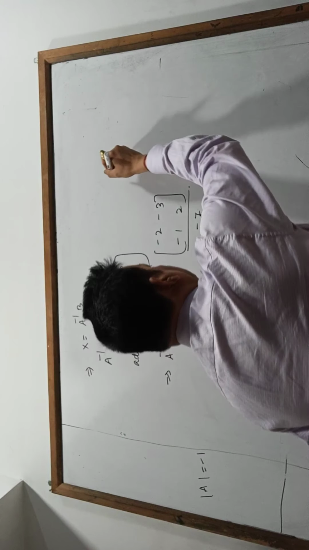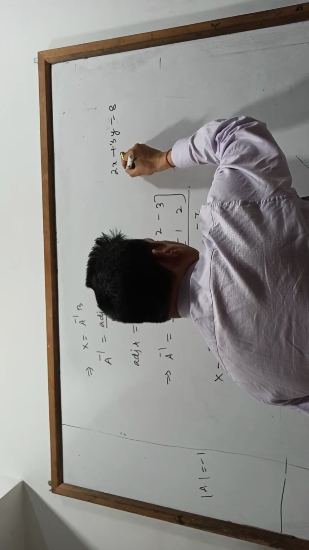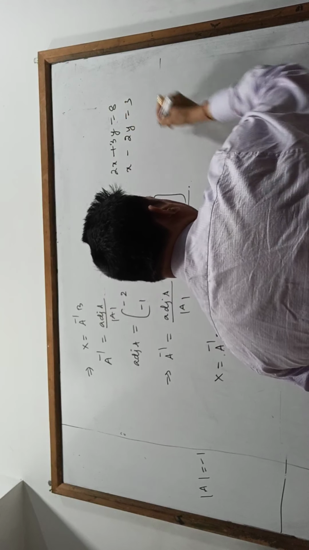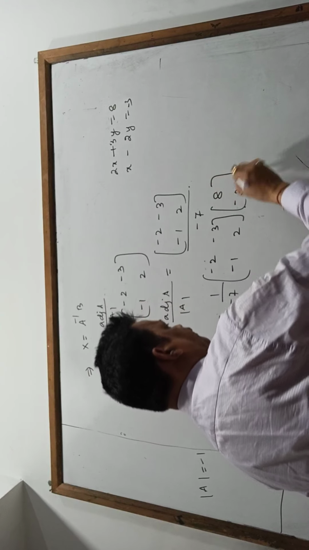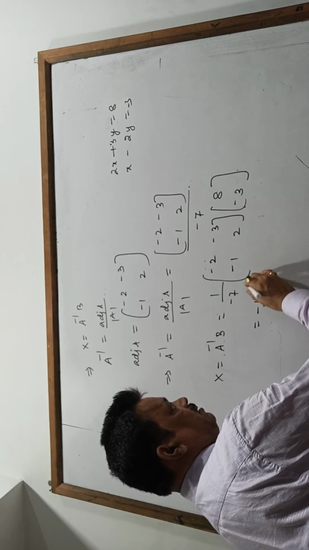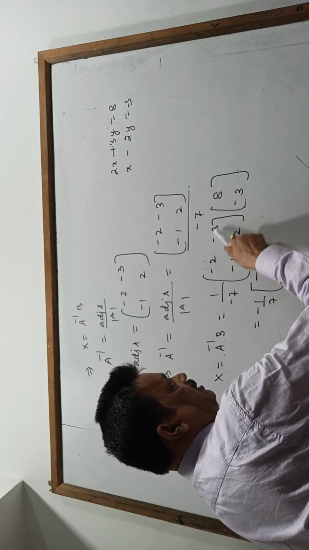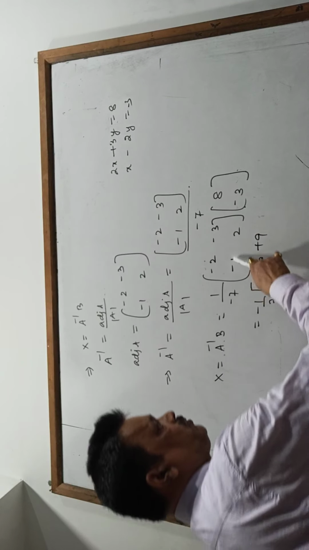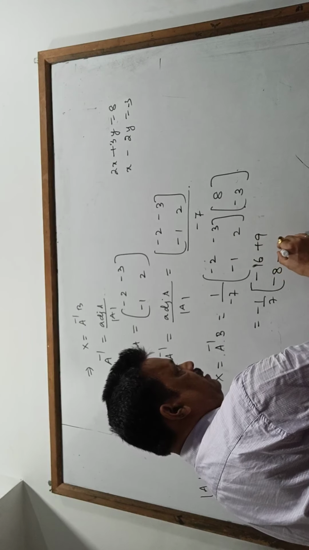B, I forgot actually, it was 2x plus 3y is 8, x minus 2y is minus 3, yeah. So it was 8, minus 3. Okay, let's multiply. Minus 1 upon 7, minus 2 into 8 is minus 16, plus 9. Then minus 1 into 8 is minus 8, 2 into minus 3 is minus 6.